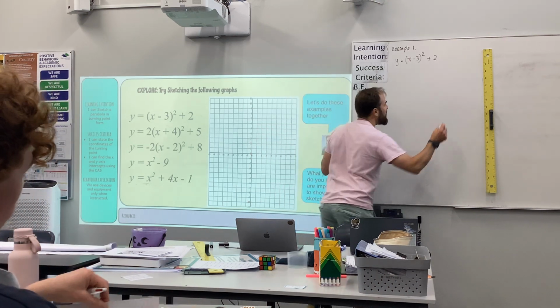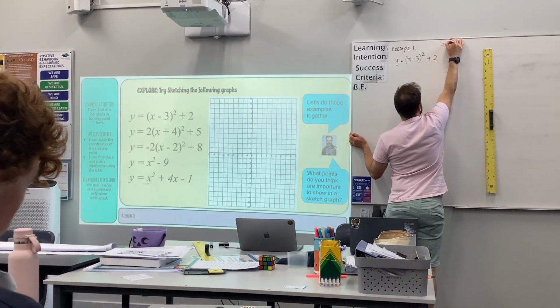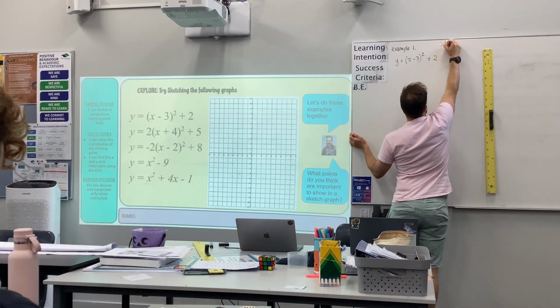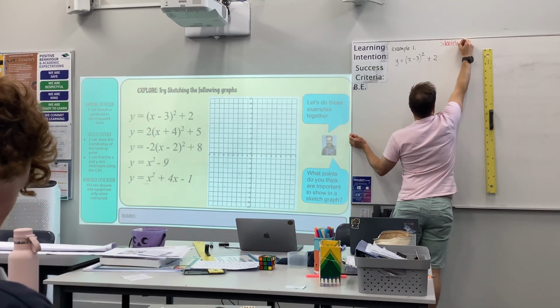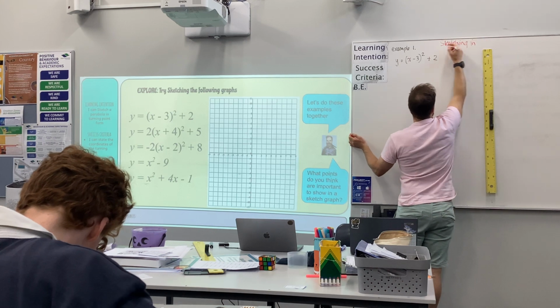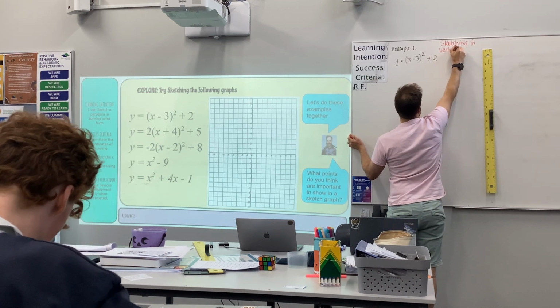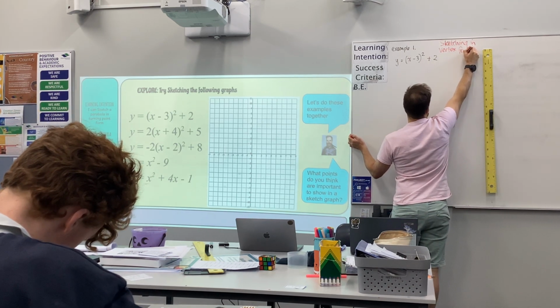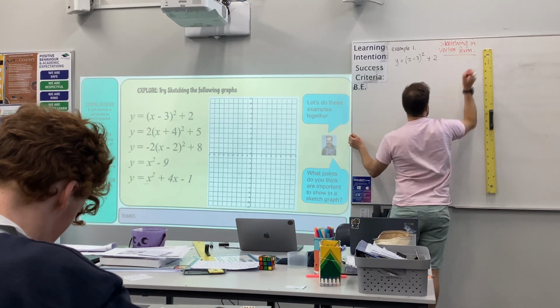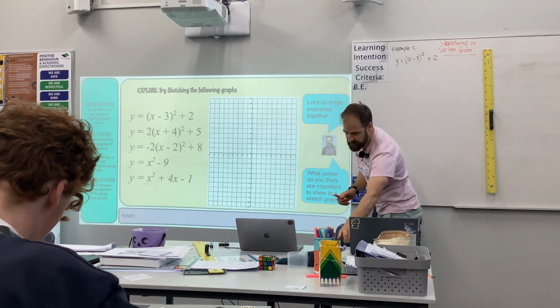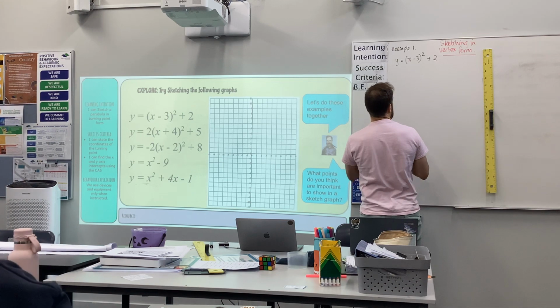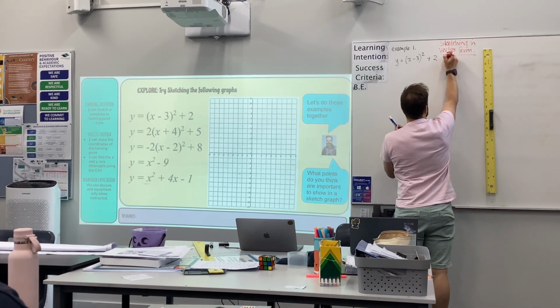We're going to put this under the heading of sketching in vertex form. You can put it straight in your summary or in your workbook.